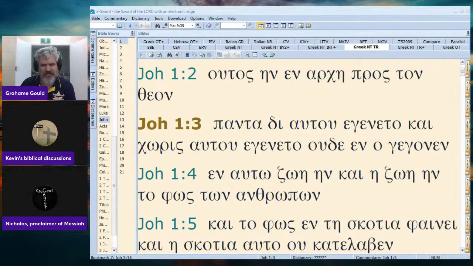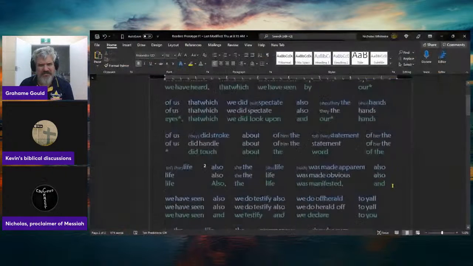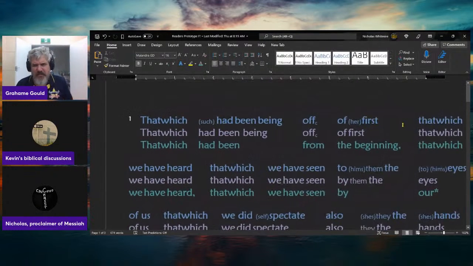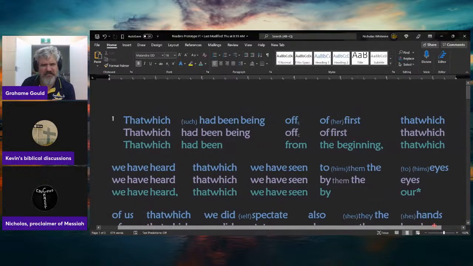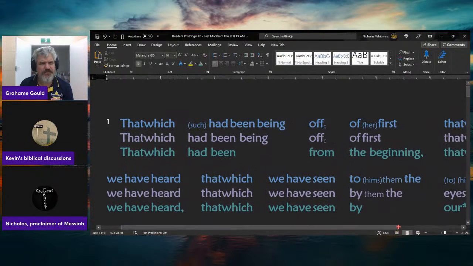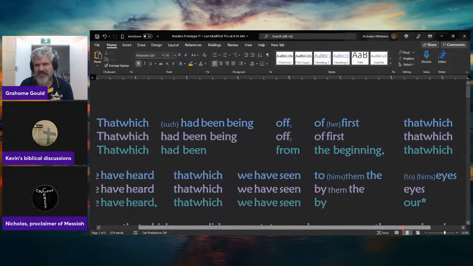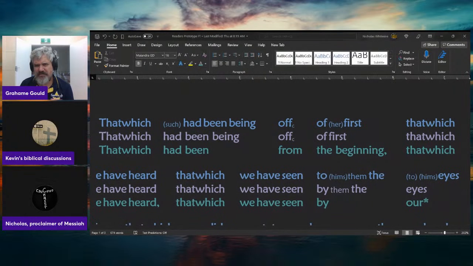And I wanted to share something about Greek details relating to Jesus being in the beginning, if I may. And it's also going to share my project a little bit, but not too much. Okay, it's on the screen. Nice.